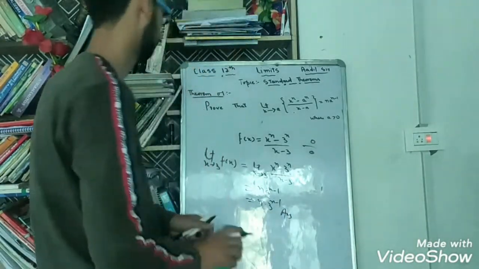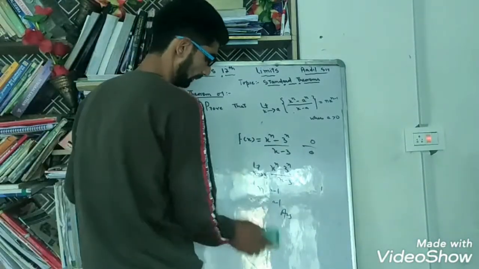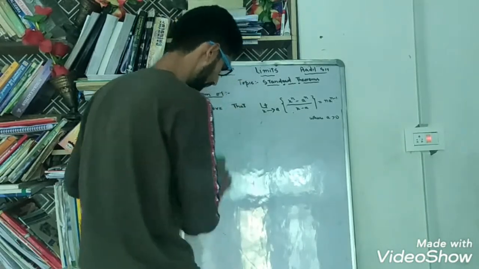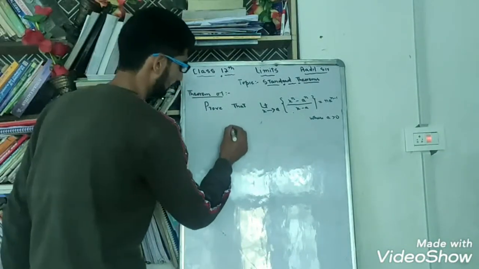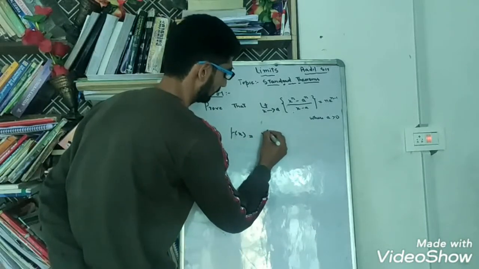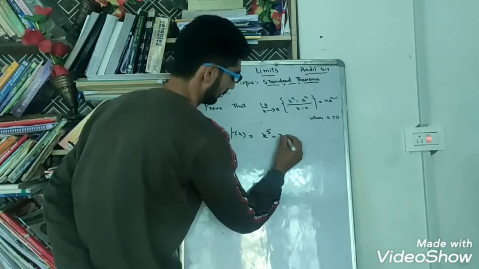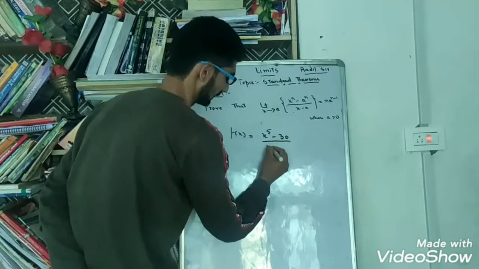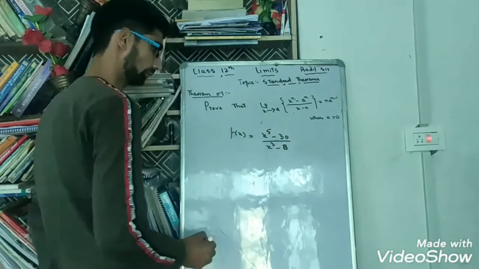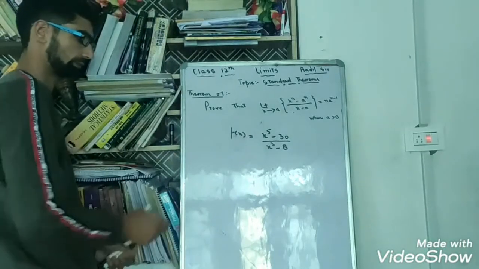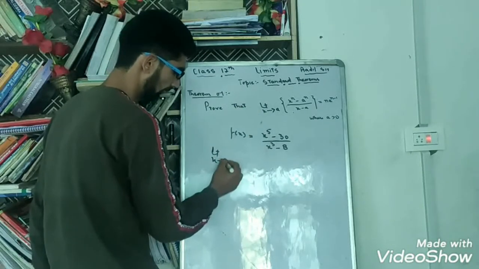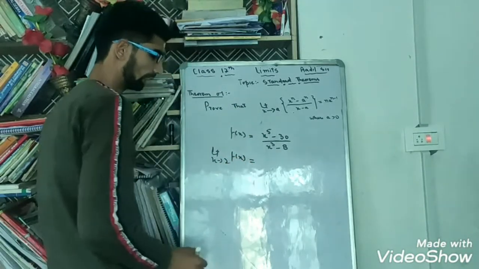Now we are going to solve another example. If we have a function f of x equals (x^5 minus 32) divided by (x^3 minus 8), and I have to find the limit as x tends to 2 of f of x, how can we find it?